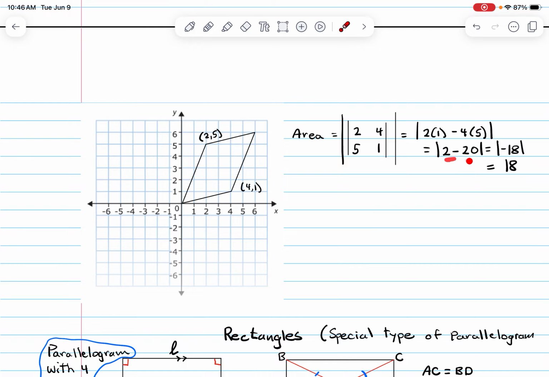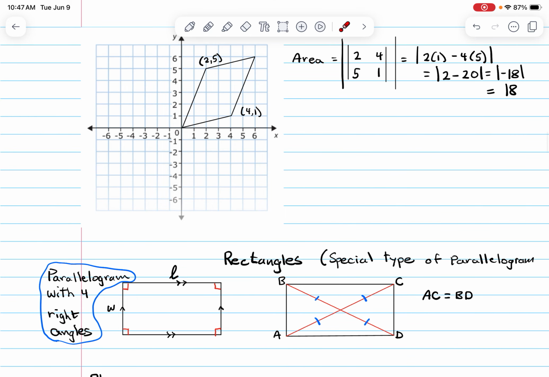So I've got 2 minus 20, and I get negative 18. Now, notice I've got the absolute value symbol here. So that area is going to be the absolute value of negative 18, which is 18. So that's another way you can get the area of a parallelogram if you are just given the graph like that, and it comes from the origin.